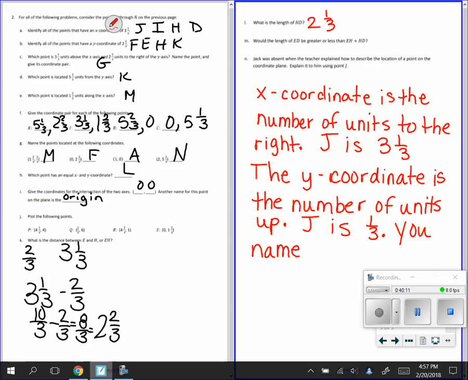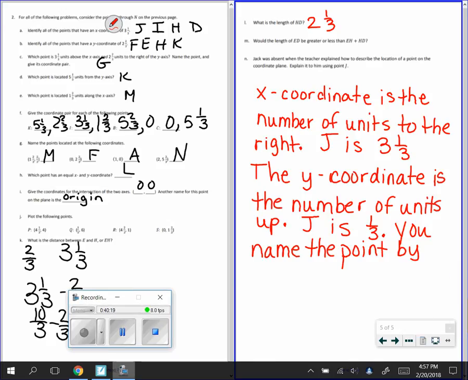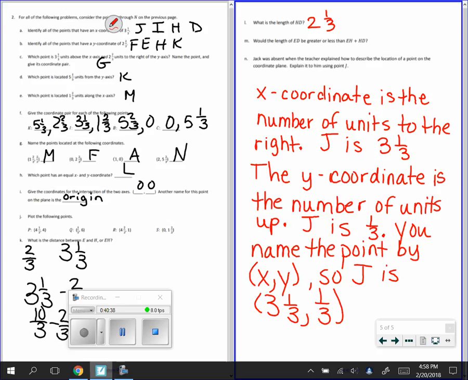You name the point by XY. So J is 3 1/3, 1/3.